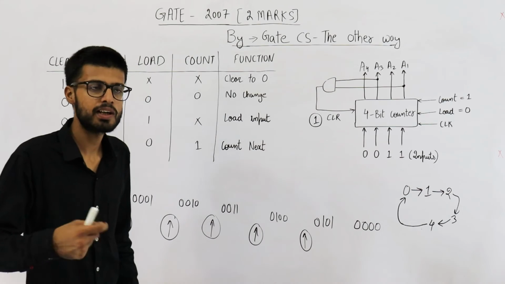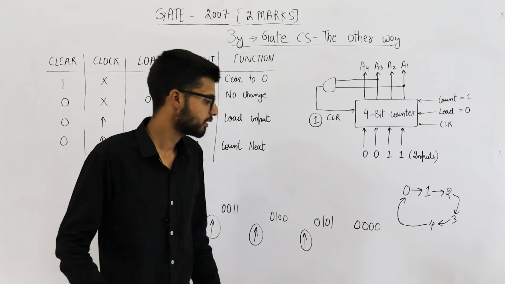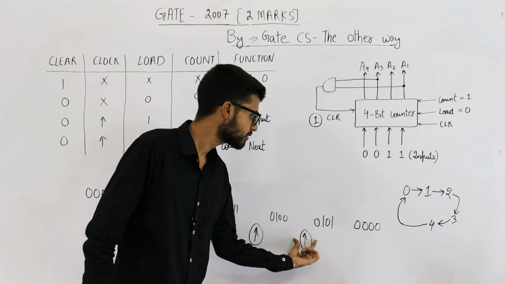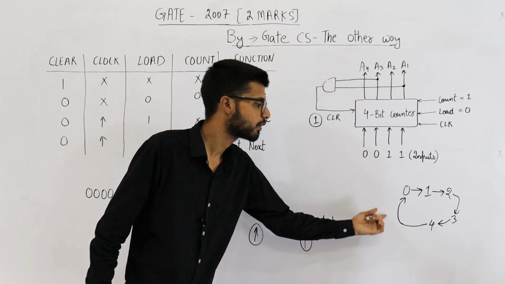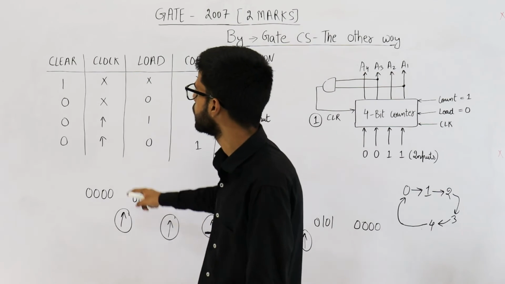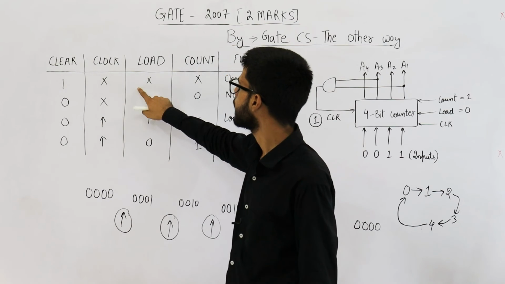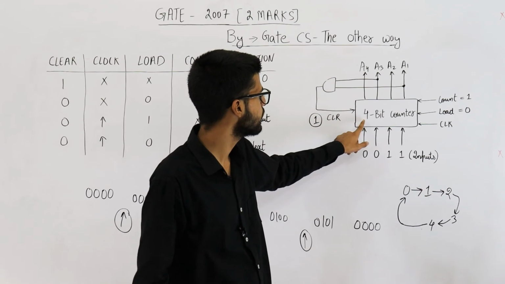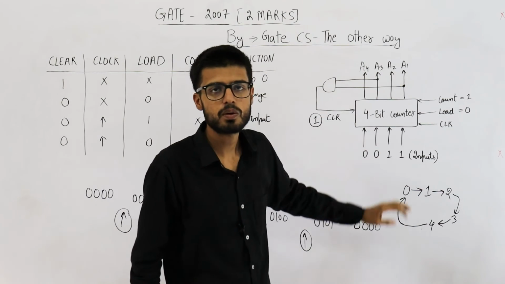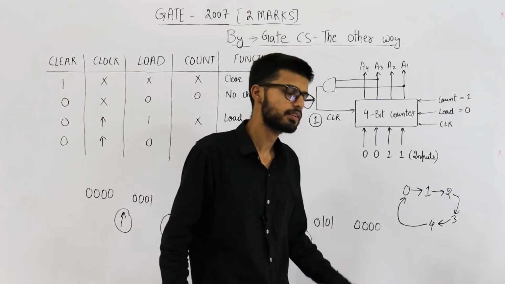That is the reason we can skip 5. But the main reason is that upon seeing this clock signal, circuit takes time to stabilize, so the final value will only be considered. See, clear signal will not wait for any of these signals. All of these are don't care. As soon as clear signal is given, immediately counter will clear the output. So this is the stable value.